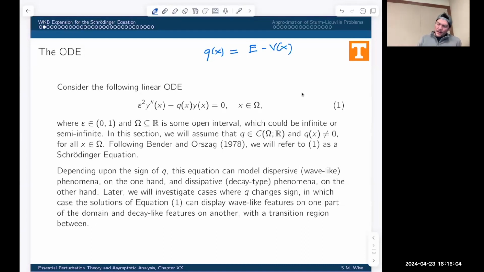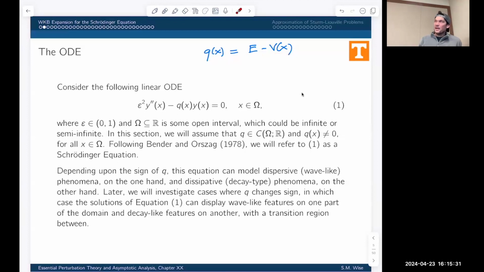It doesn't matter. Let's just imagine this is correct because it's almost right. If the energy level is higher than the potential, then Q is positive. That's kind of like saying that your particle is escaping from that potential. However, if E is less in magnitude than this potential energy, then Q is negative.